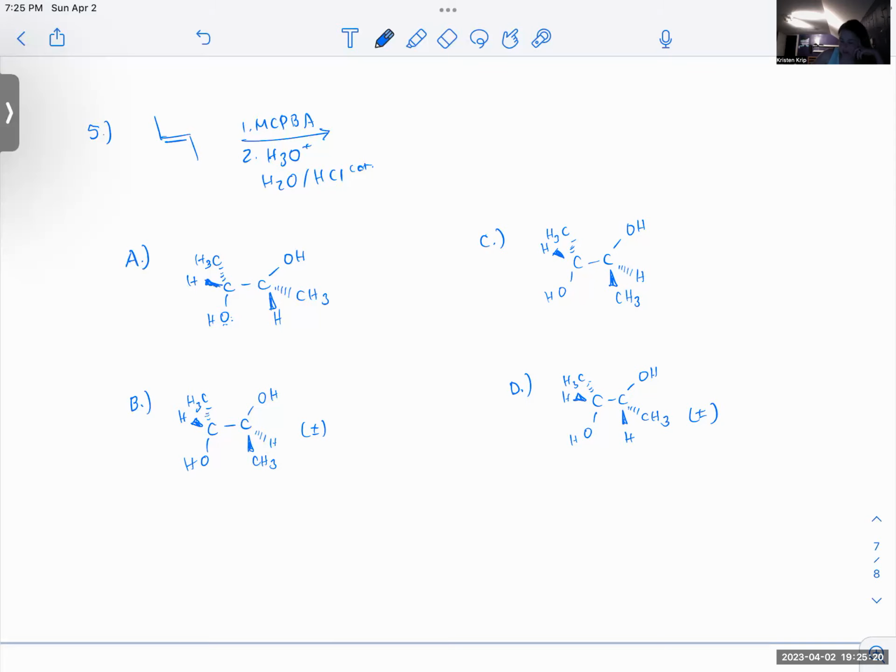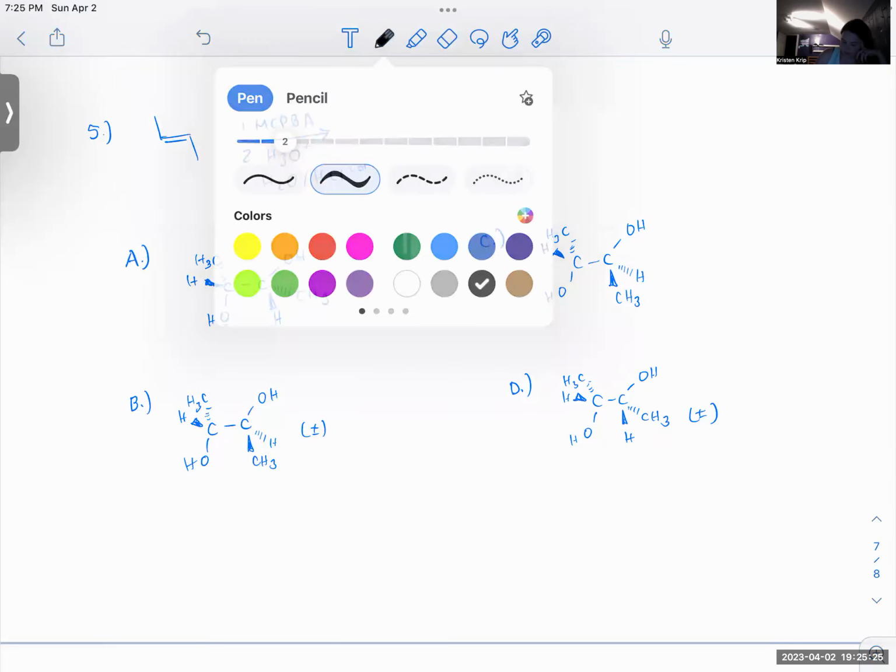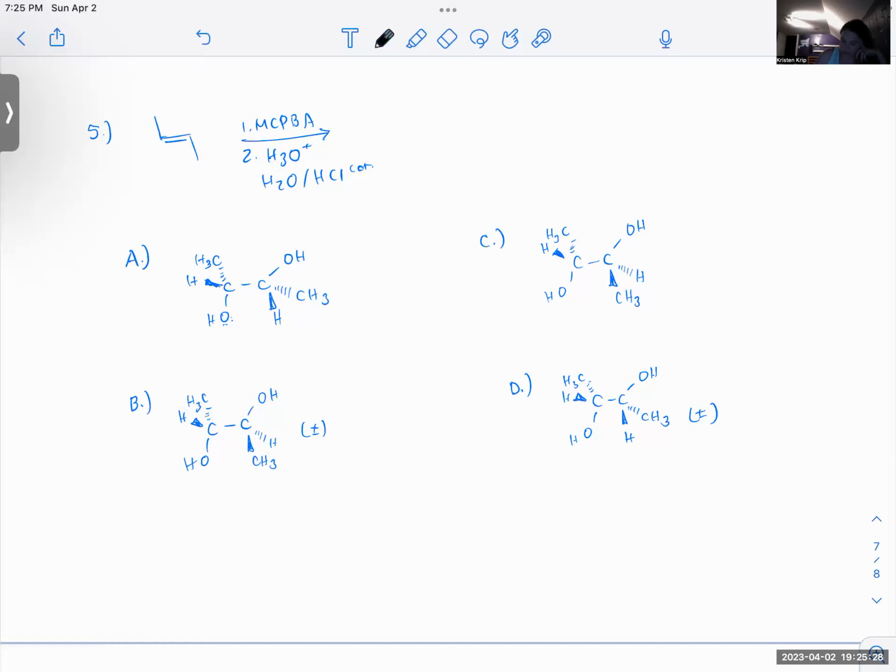So when we add the epoxide, we have carbon, carbon. Our CH3 is going to be facing one way, our hydrogen is going to be facing the other way, and then it's just going to be the opposite on the other side because it's trans. So we're going to draw it like that.